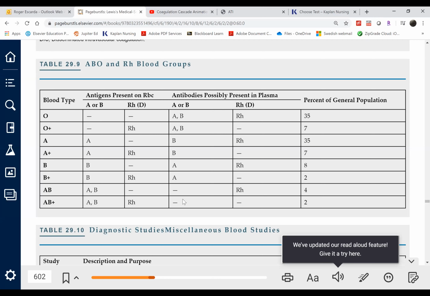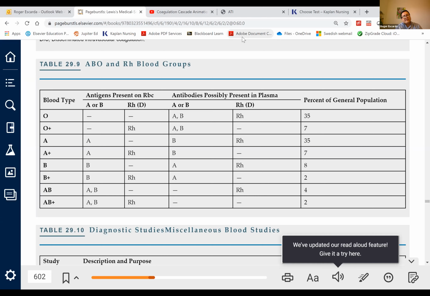Do you understand what the RH significance is? Okay, so if I am RH negative, what can I safely receive? RH negative of your same blood type.